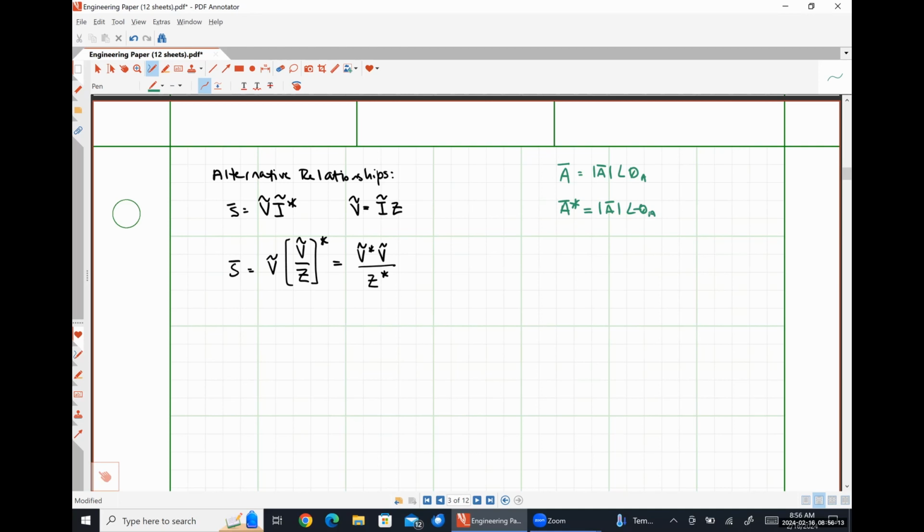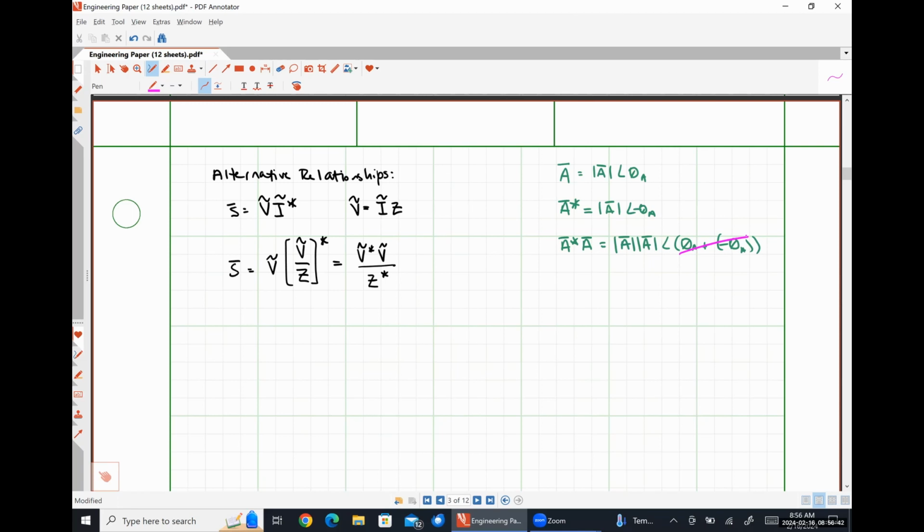If I multiply those two together, A conjugate times A, that's going to look like the magnitude of A times the magnitude of A with an angle of theta A plus negative theta A. Well, theta A plus negative theta A is just 0.